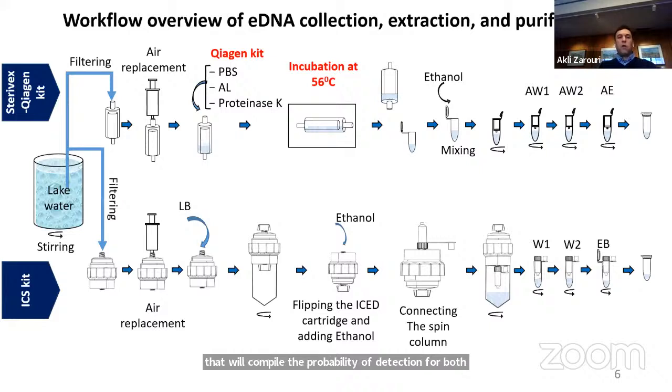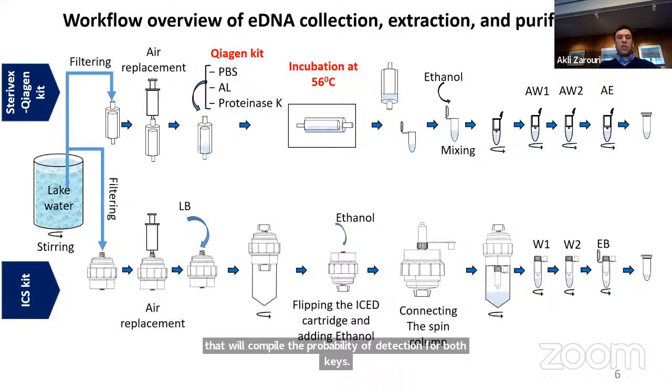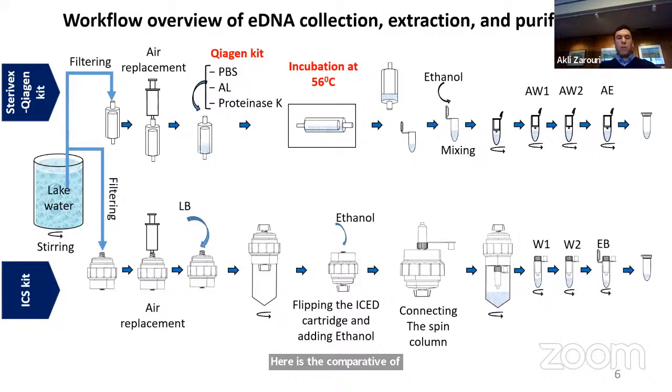Here is the comparison of workflow between the Sterivex Qiagen kit at the top and our kit, the ICS kit, at the bottom. So the workflow is pretty similar. We have filtration and then extraction and purification. But there are some differences. The first difference is that the Sterivex Qiagen kit needs incubation at 56 degrees Celsius, which is not needed in our case.